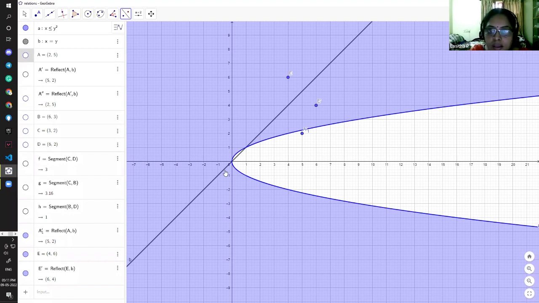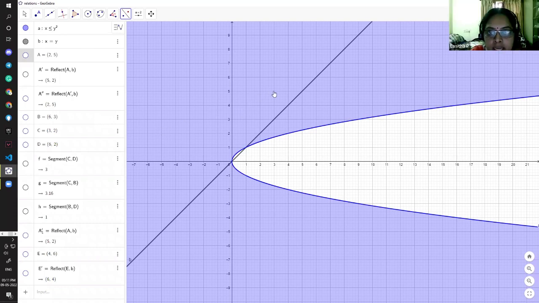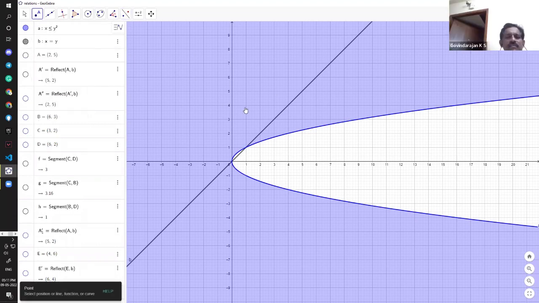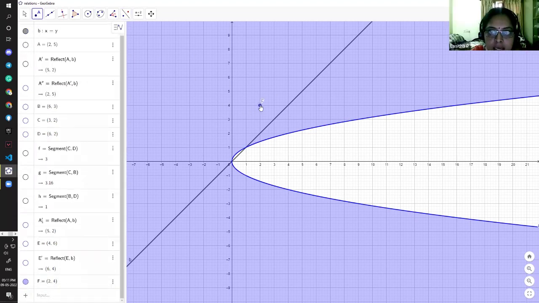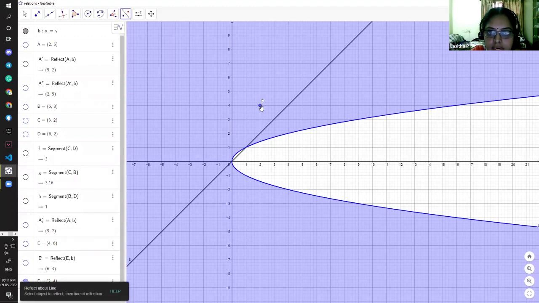Okay. And in order to prove the transitive case, here let me take some points. For symmetric, some points lie on the region, but any point you can take here. Select a point here and try to reflect it about the line. Take a point F here. To reflect it, click on the point and the line.